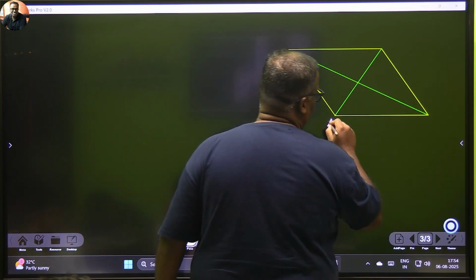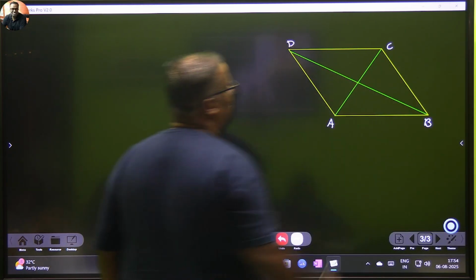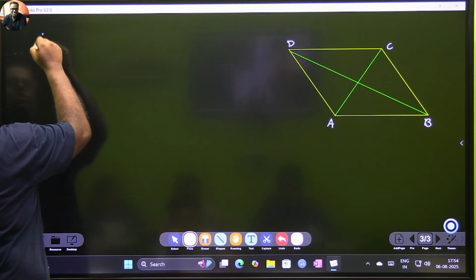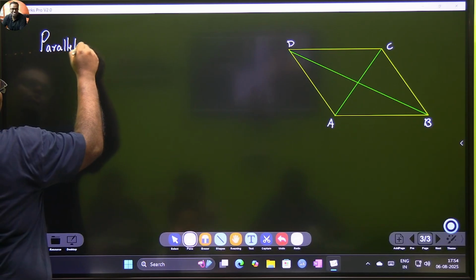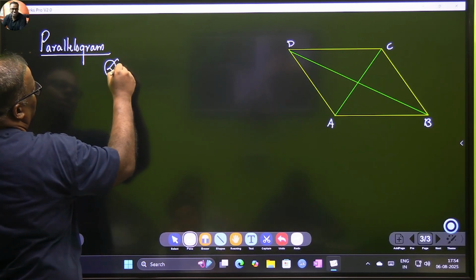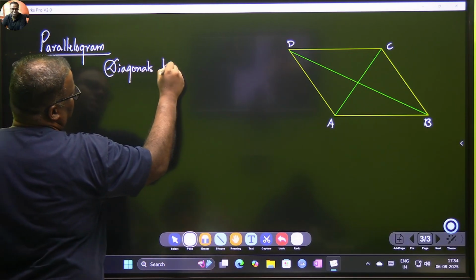Okay, so this is A, this is B, this is C, and this is D. So we have two diagonals, AC and DB. So remember one thing, if you're talking about a parallelogram, then remember diagonals bisect each other.